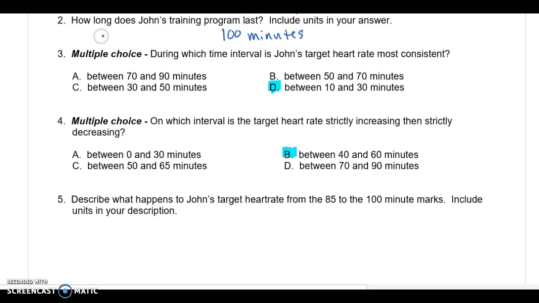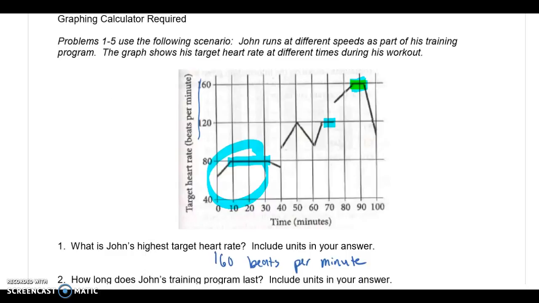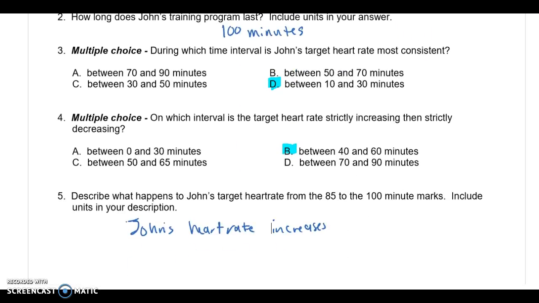that John's heart rate increases until, let's see, oh no, it's actually at about 85 minutes is when he has his highest rate. So let's try that one again.